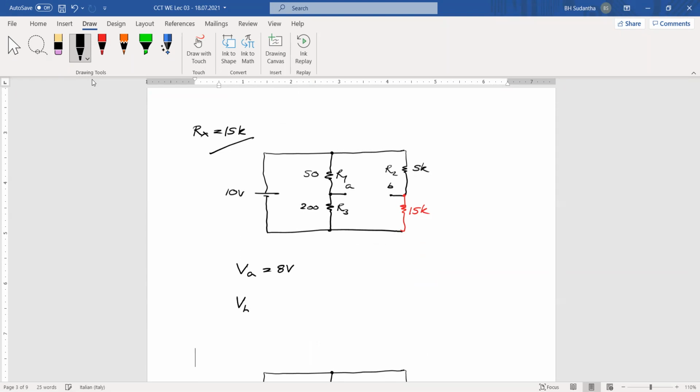But VB is 10 volts times 15K divided by 5K plus 15K.